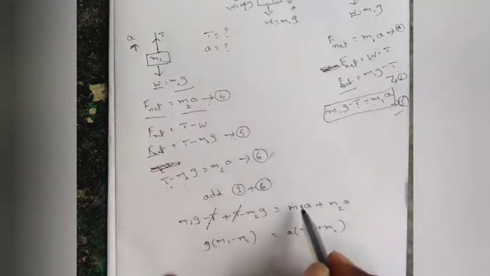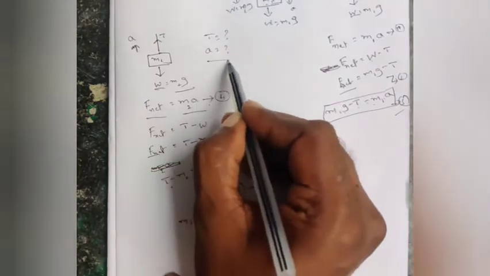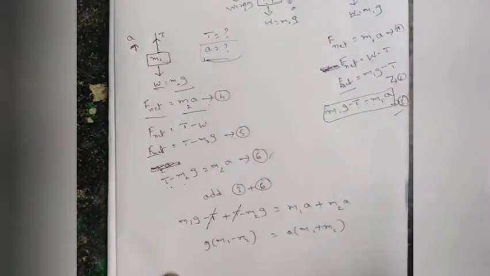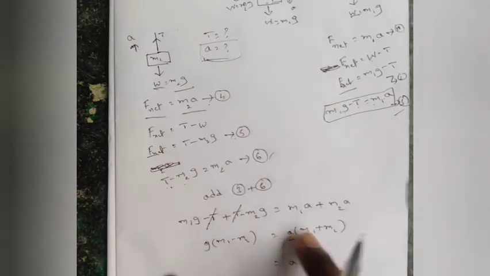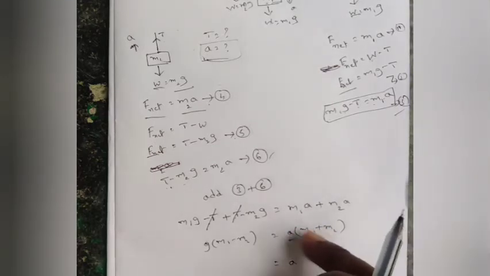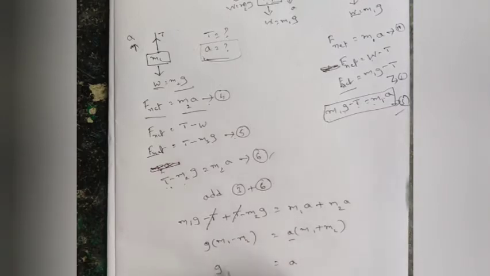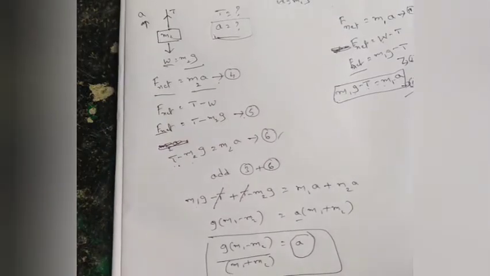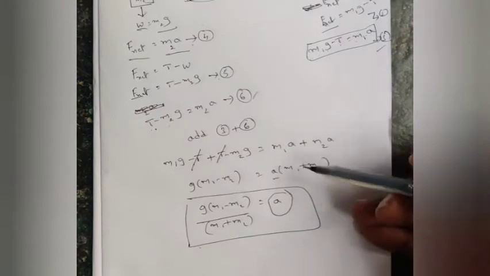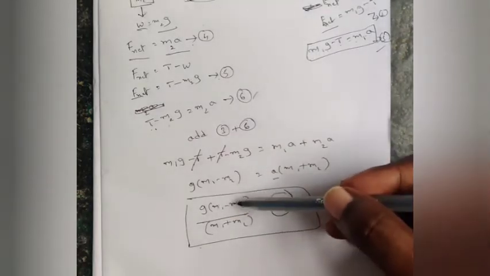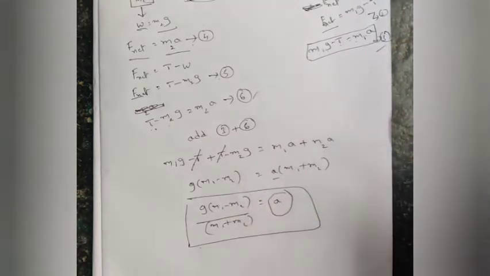Now which value do we want to calculate? Acceleration. For calculating the acceleration, keep a on one side. It is multiplying here, so it will divide on either side. Therefore a equal to g into (m1 minus m2) by (m1 plus m2). This is the equation for acceleration.